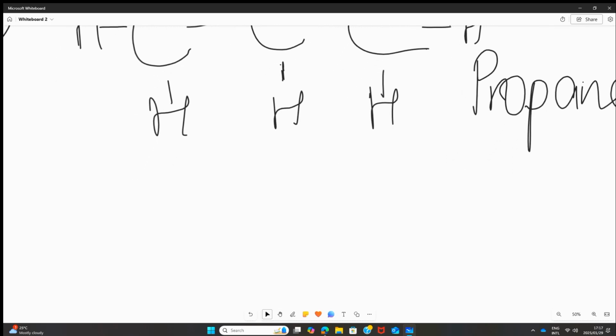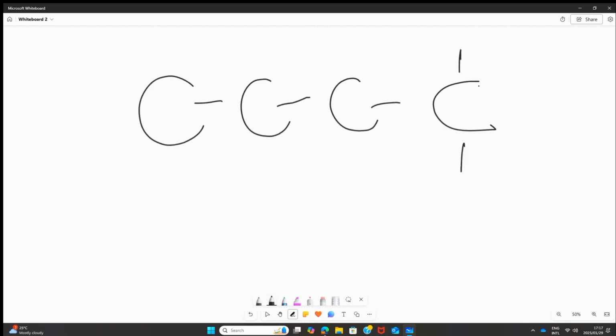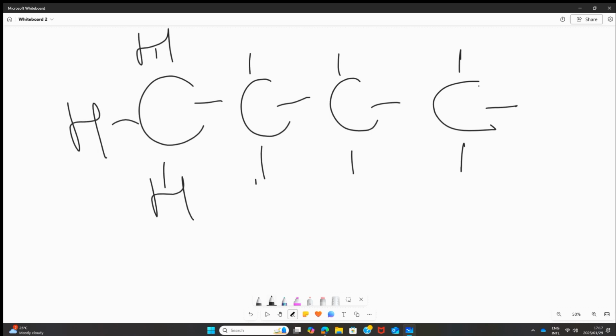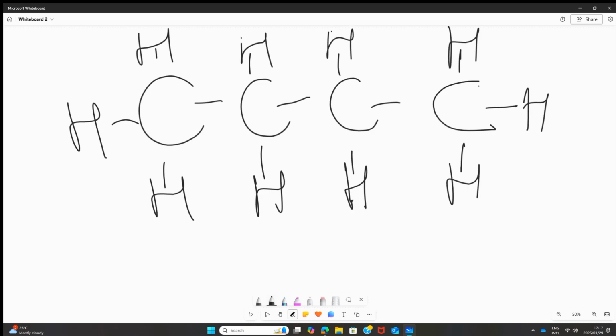Now for your alkane which has got 4 carbon atoms, 1, 2, 3, 4, in the longest chain. Like I said, we are focusing on our straight chains. So this would be a butane. But for 4 carbons. And then how do you write its molecular formula?